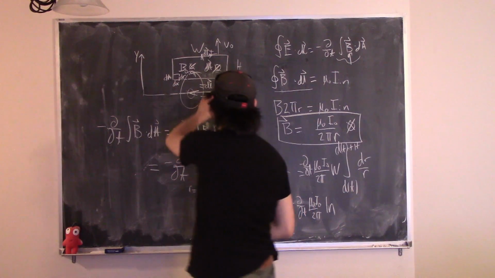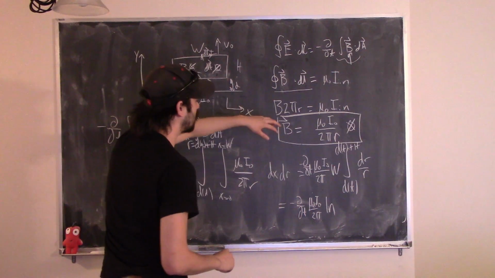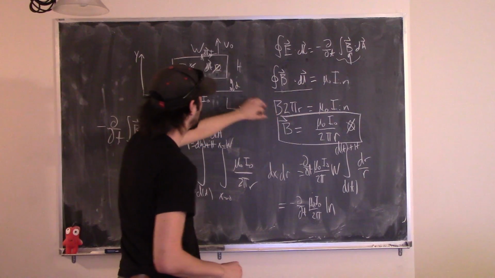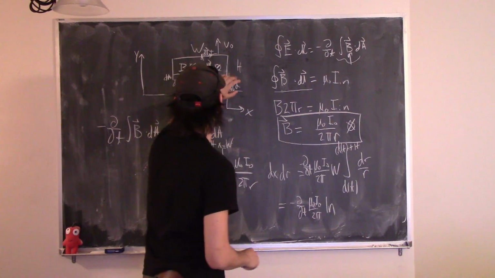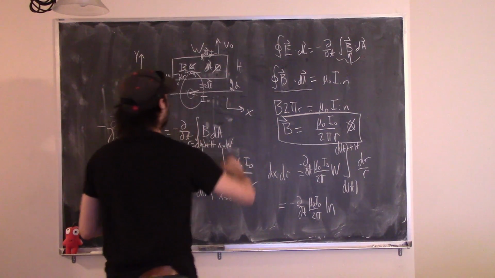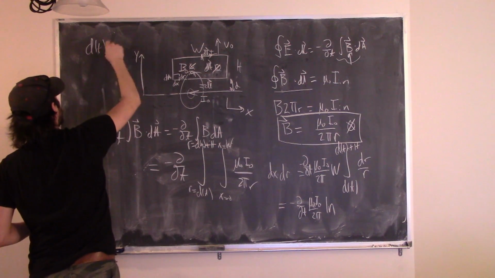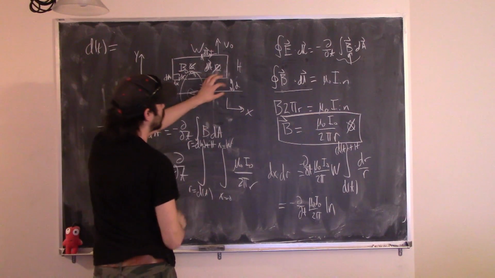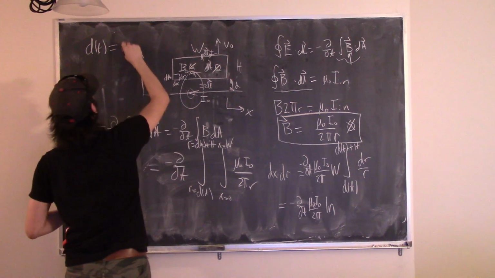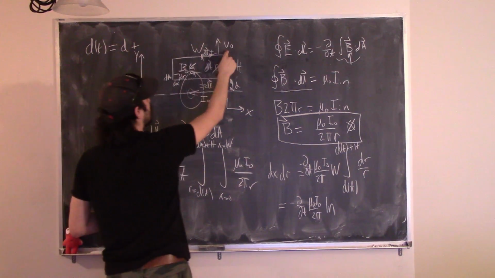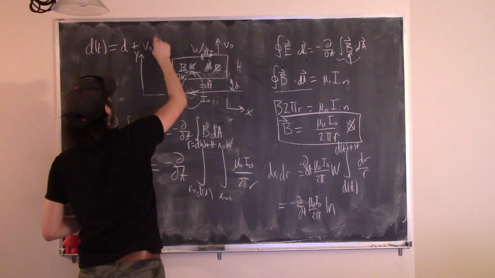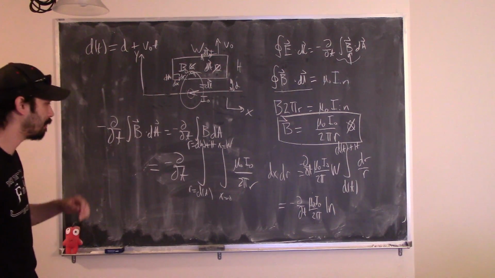But we actually haven't determined exactly what d of t is, the distance as a function of time, yet. The way that we can do that is to say that d as a function of time is going to be equal to the initial distance d plus the velocity times the time. Okay?